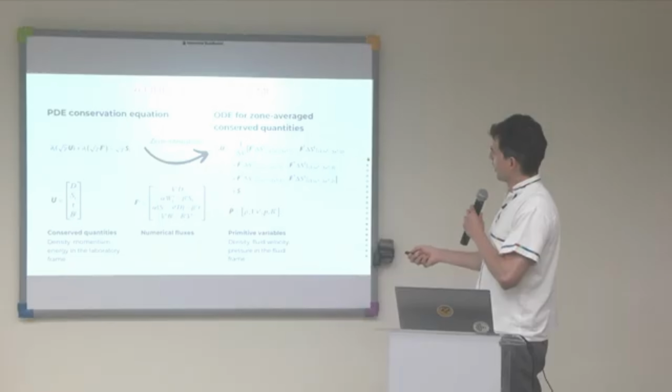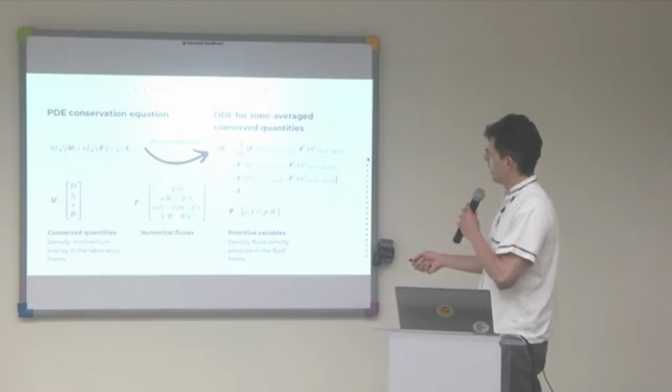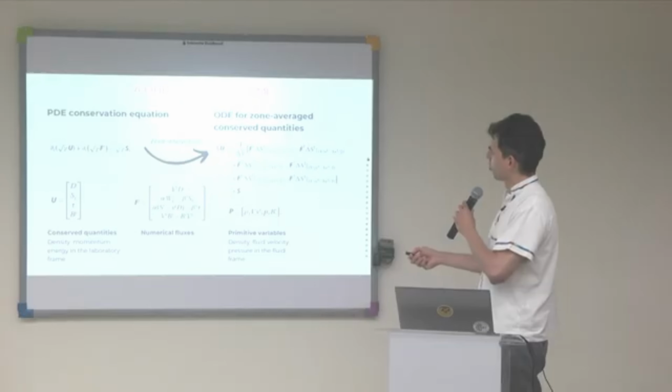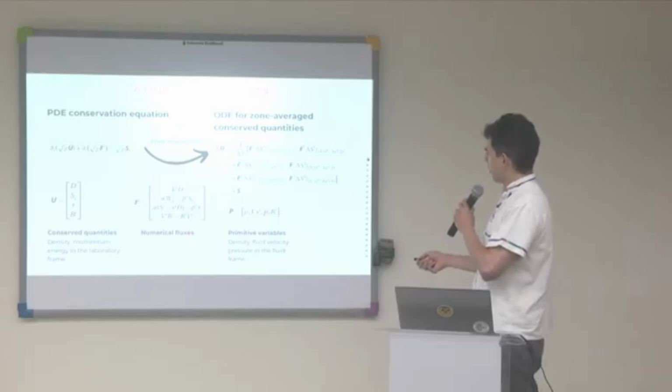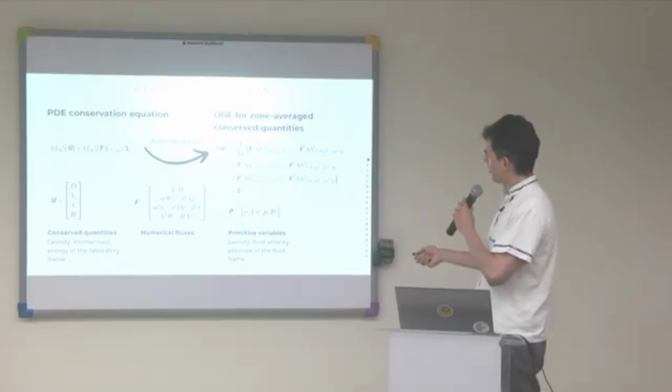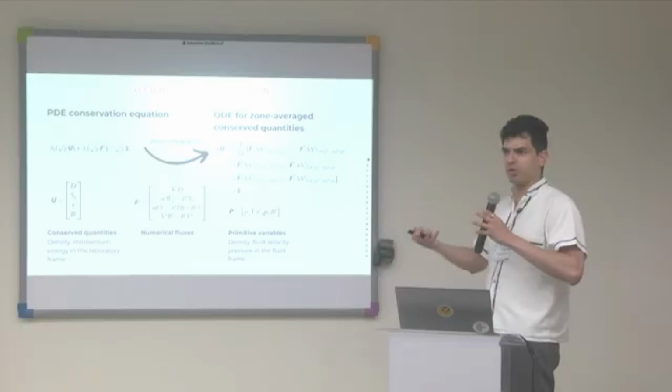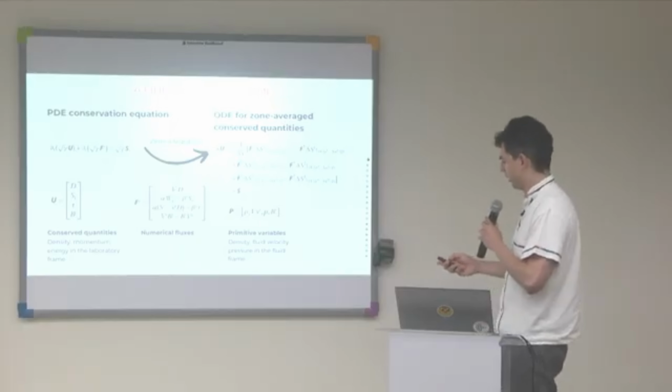Finally, because the numerical fluxes are not expressed in terms of the conserved quantities, but in terms of another set of variables, we need a set of primitive variables that allow us to write the fluxes in terms of the conserved quantities. In the primitive variables, we have quantities such as the particle number density in the fluid frame and the pressure, which are not conserved but are needed to calculate the numerical fluxes.